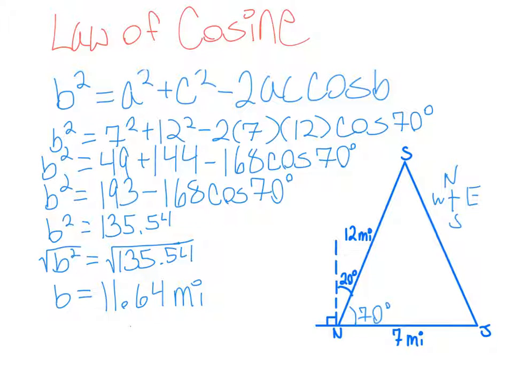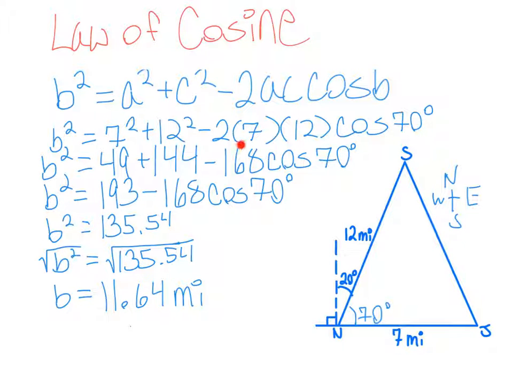Then we use the law of cosines, which, as we went over before, is b squared equals a squared plus c squared minus 2ac cosine b. We plug in a and c, which in this case are the two side lengths we have, 7 and 12 miles.